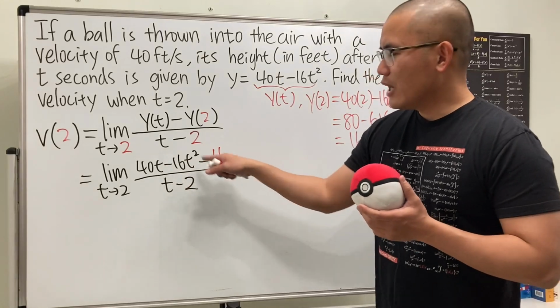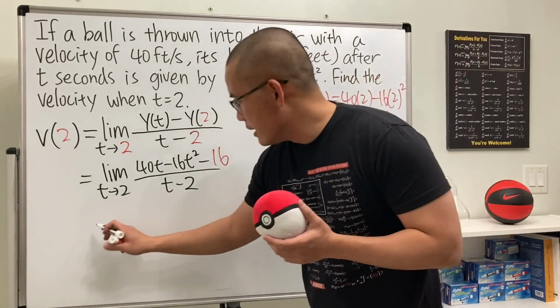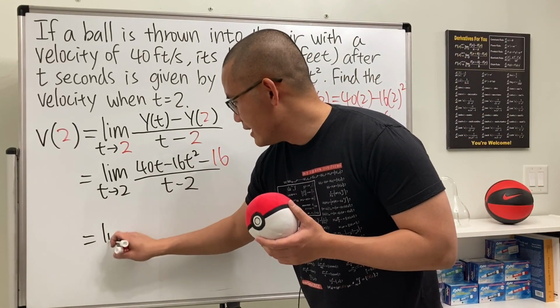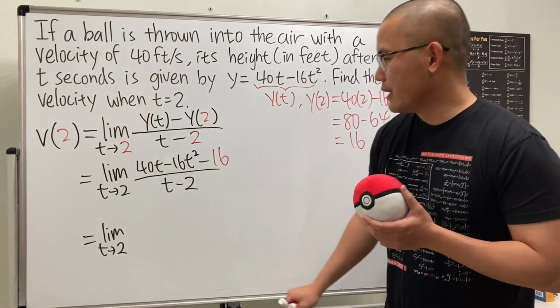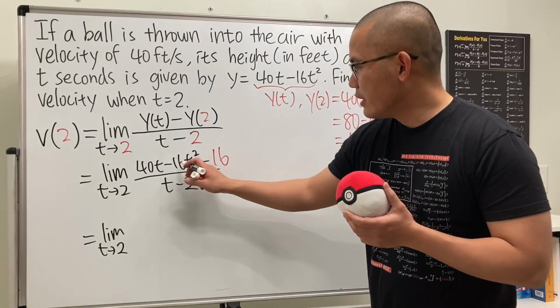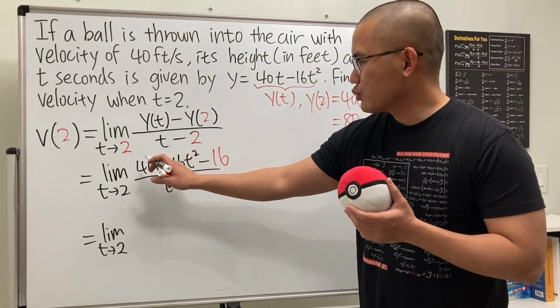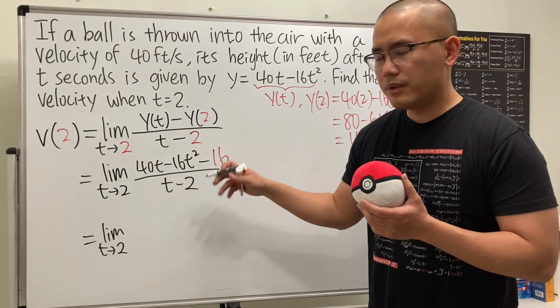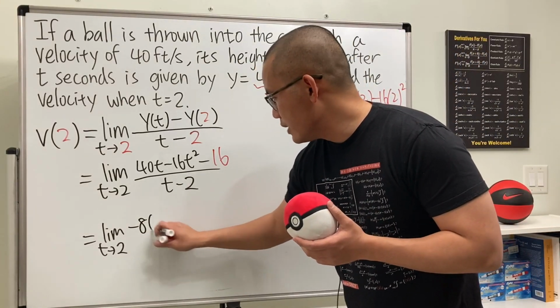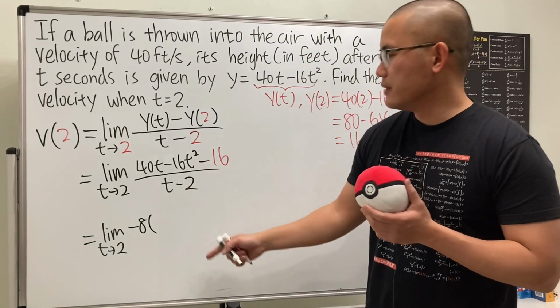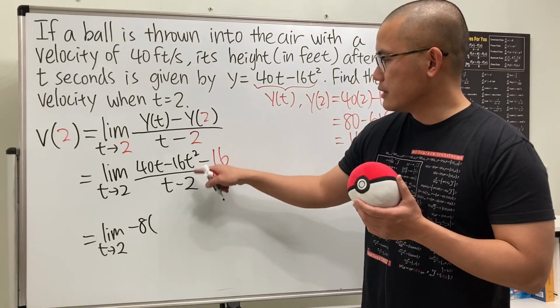We're going to factor things out on the top and then cancel things out, right? And let me just write down the limit as t goes to 2 again. And right here, let me just factor out, because we have 40 minus 16 and minus 16, right? Let's factor out negative 8, because we like to have this term to be positive. And let's write down the square term first.